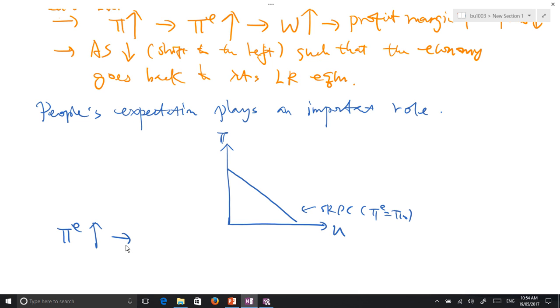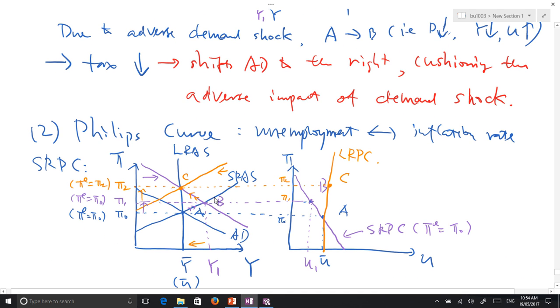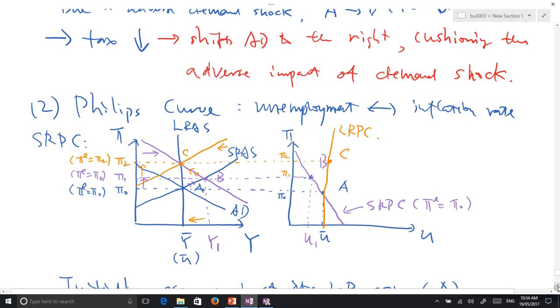If people increase the expectation, we know that the short run aggregate supply curve shifts to the left, which results in output decreasing, unemployment rate increasing, and inflation rate increasing.